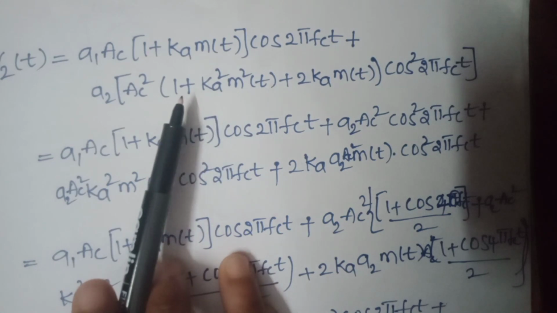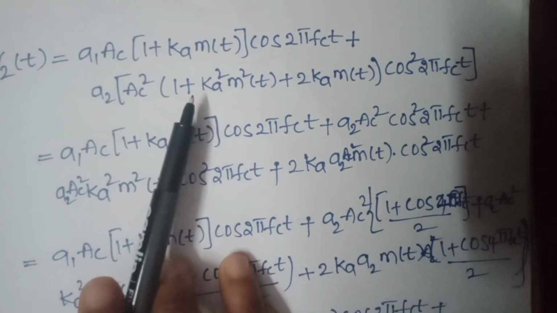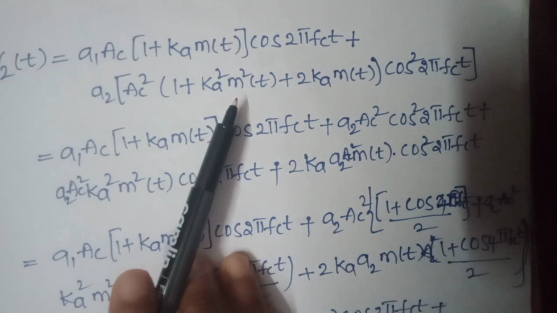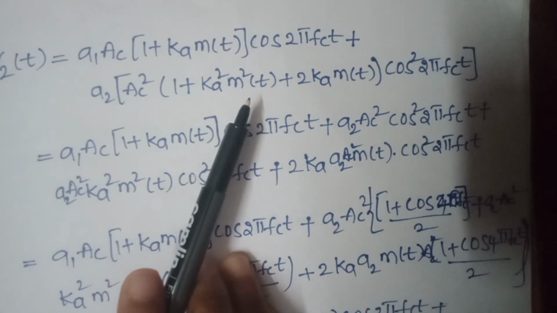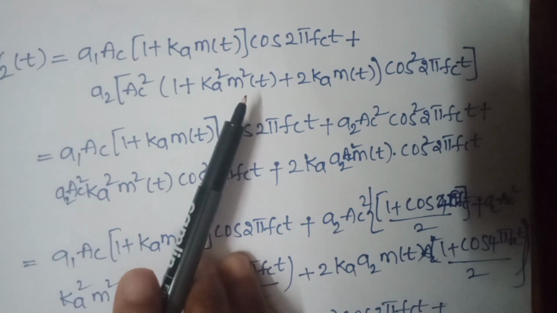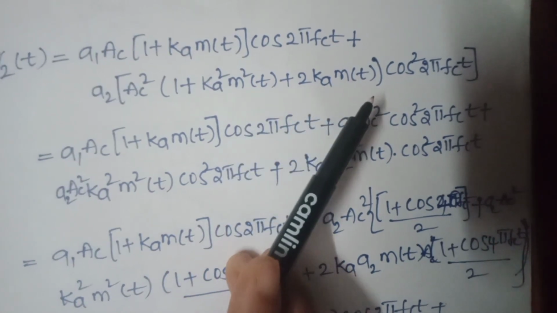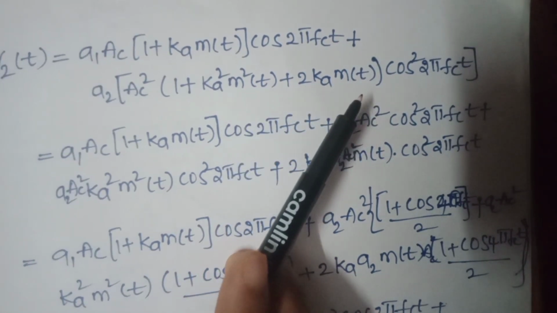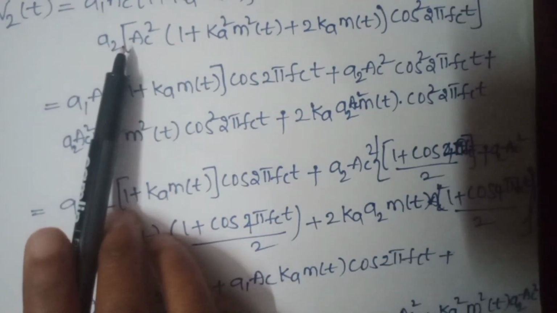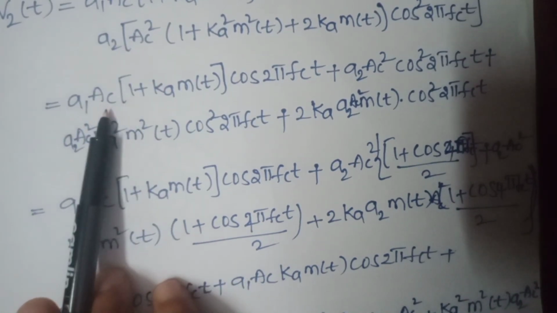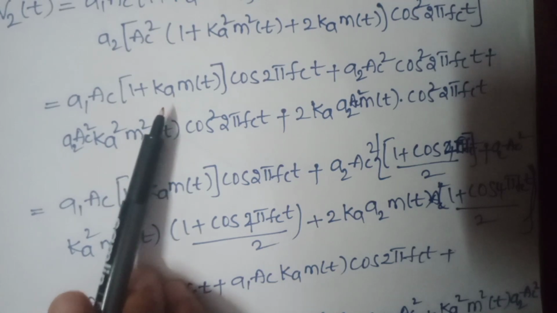Here 1 plus Ka m of t whole square is of the form A plus B whole square, that is A square plus B square plus 2AB.